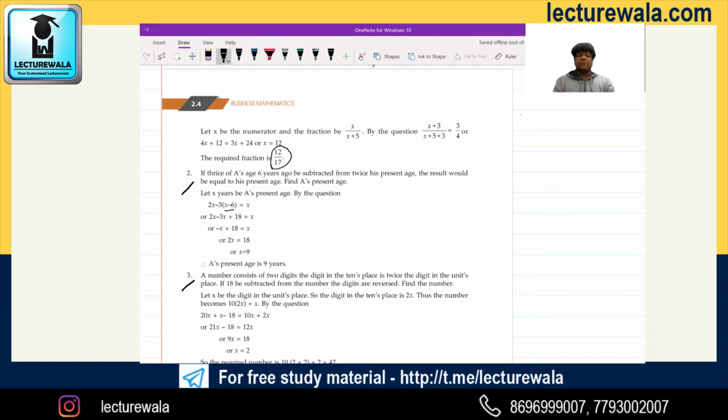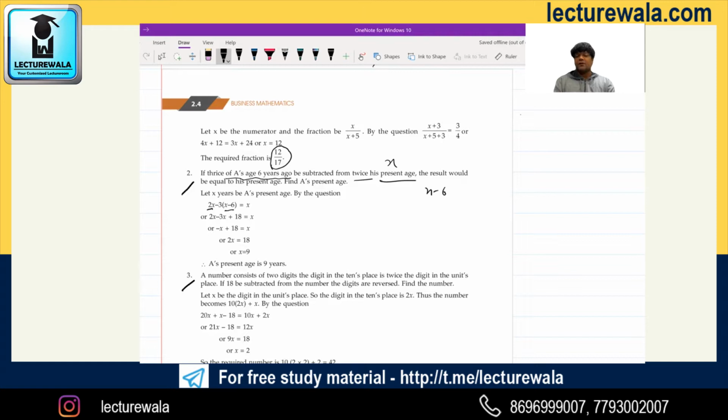The question says thrice of this is subtracted from twice his present age. Twice his present age will be 2x, because present is x.